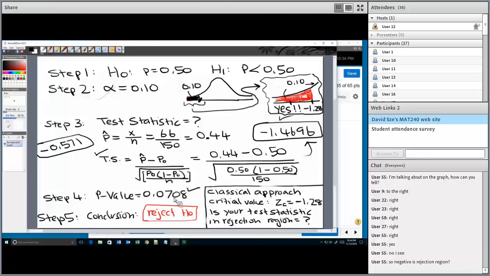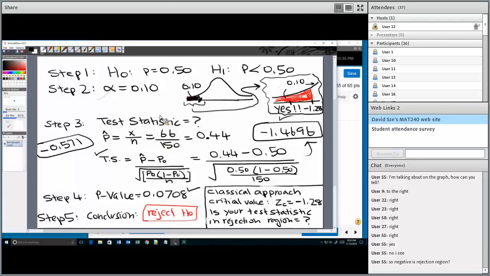The p-value approach is just comparing your p-value to alpha. Alpha is always given in the problem, so there are no additional calculation steps. Just get your p-value, compare to alpha, get the conclusion. Even if the problem says use the classical approach, I would say use the p-value approach to at least get the correct conclusion so that you don't make a mistake here.